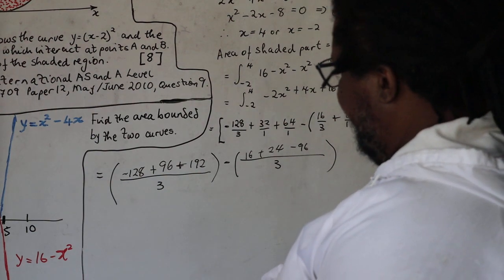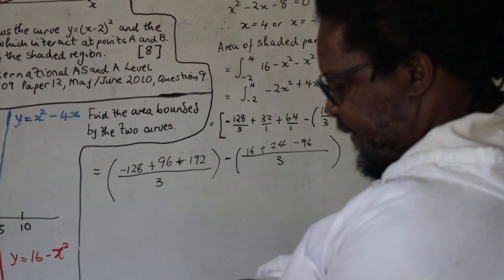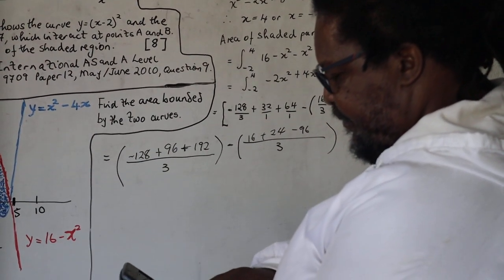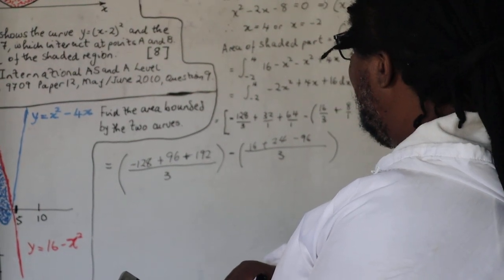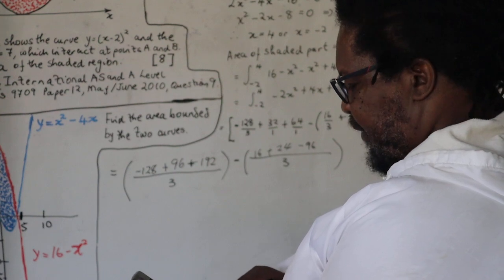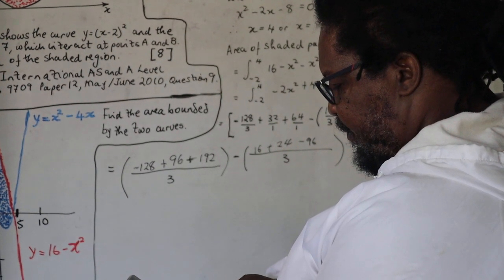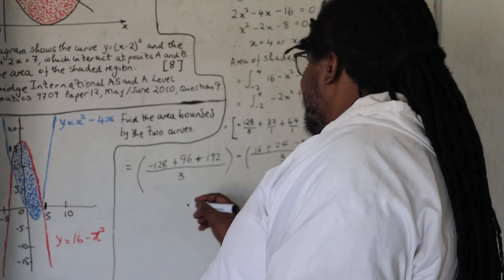So here we have minus 128 plus 96 plus 192 equals 160 over 3.